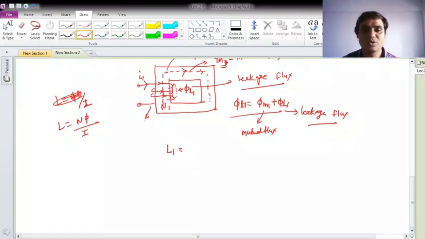Sorry, not phi I, it is total flux linkage over 1 ampere. So in coil 1, the self inductance will be the total flux linkage, N1, the number of turns, into the total flux phi T1, per 1 ampere of current I1 flowing in it. That will be my self inductance.